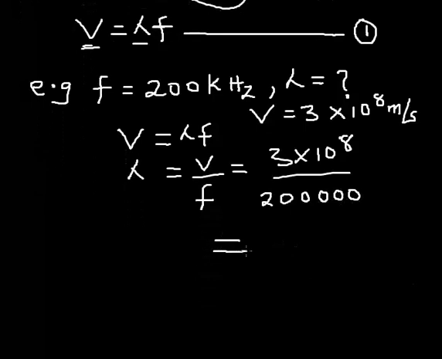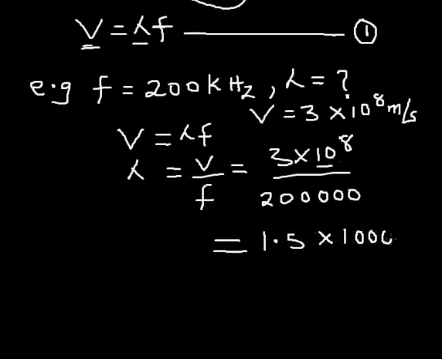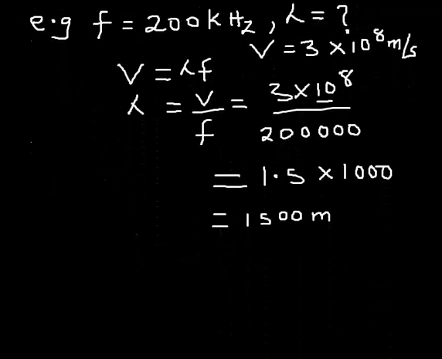So how do we do this? 10 raised to power 8 is like 8 zeros. 5 zeros will count from the 8 zeros, so I'll have 3 zeros left. So 3 divided by 2 is 1.5. So 1.5 times 3 zeros, which is 1000. When you multiply this, that gives 1500. So the wavelength is 1500 meters. All right, I hope that is well understood.